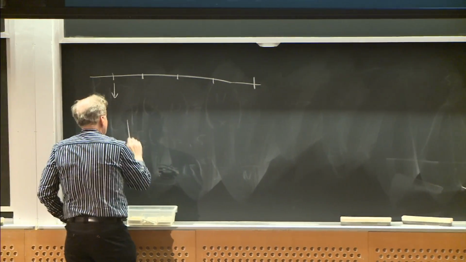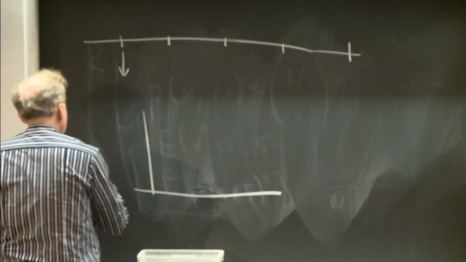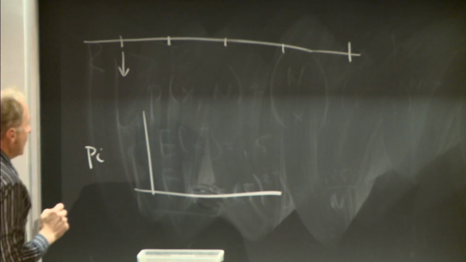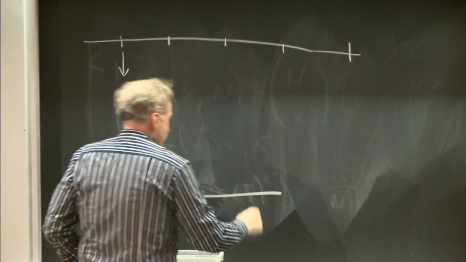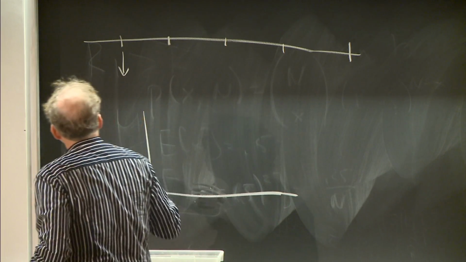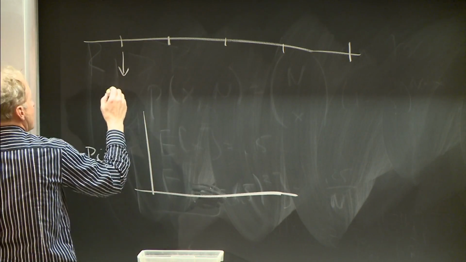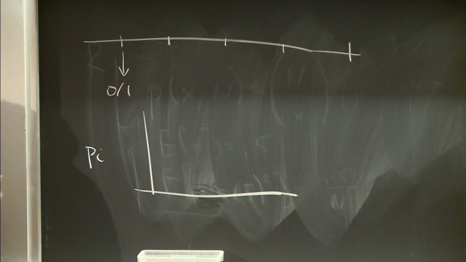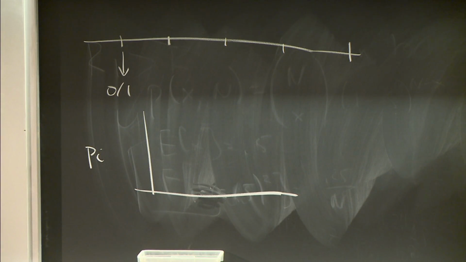And if this is a particular trait, one possibility is that, let's say that this marker could be either 0 or 1 without loss of generality.